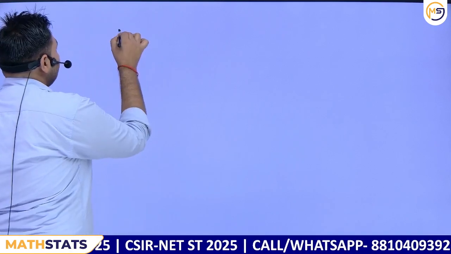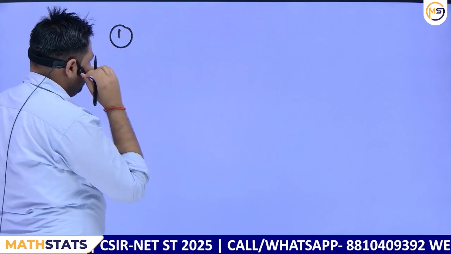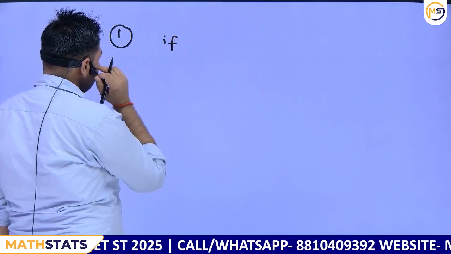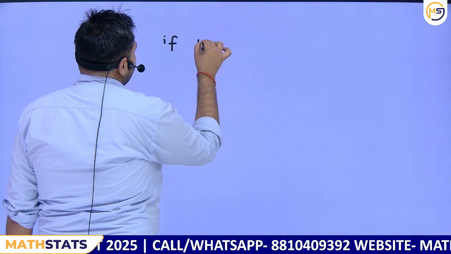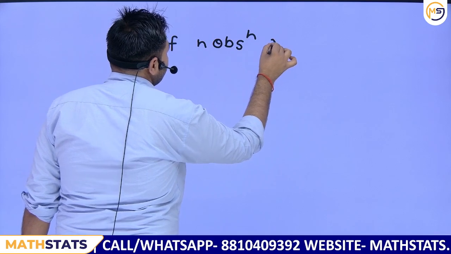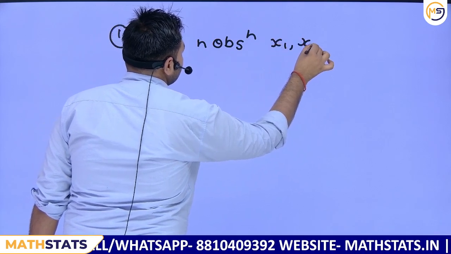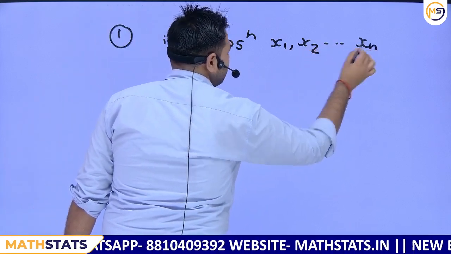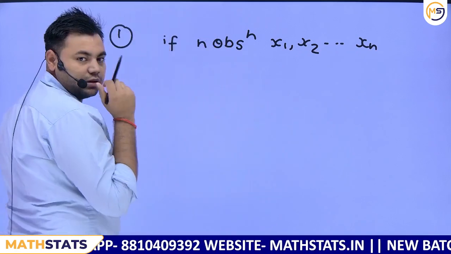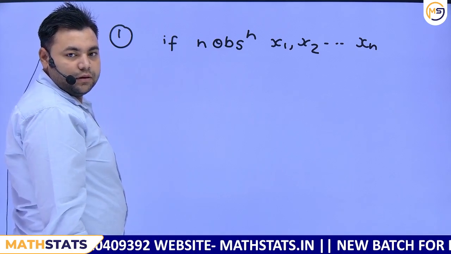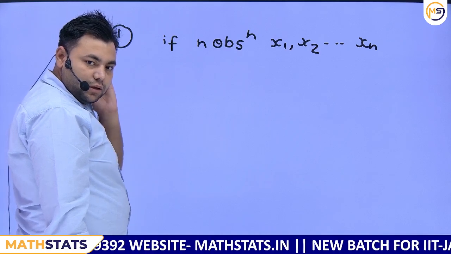So in yesterday's class I was first talking about the properties of mode and median. Suppose we have observations x1, x2, and so on up to xn.